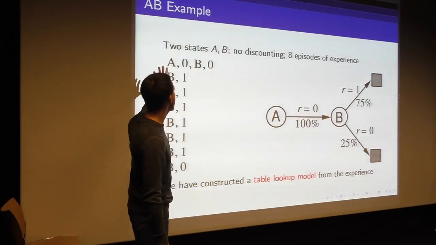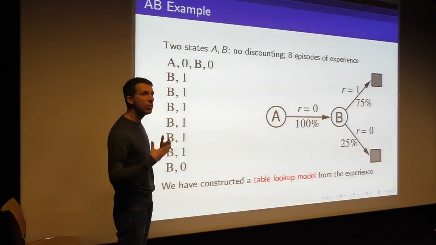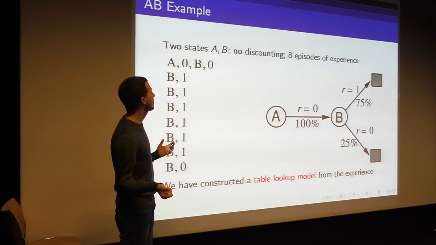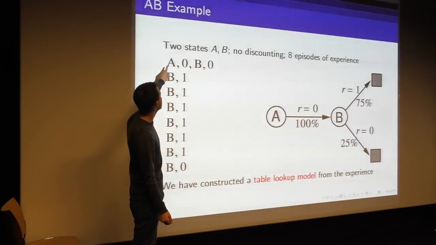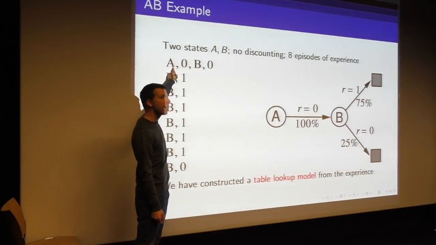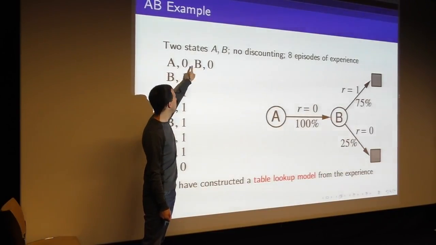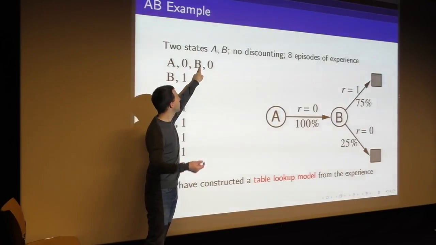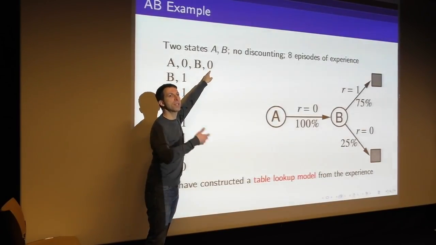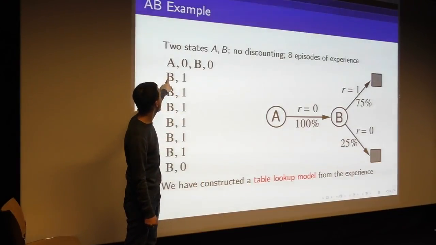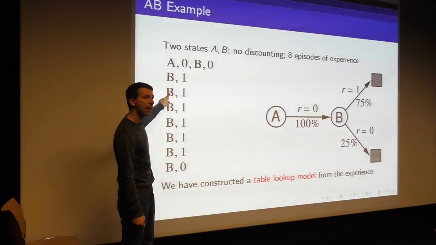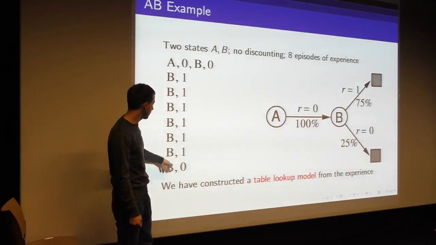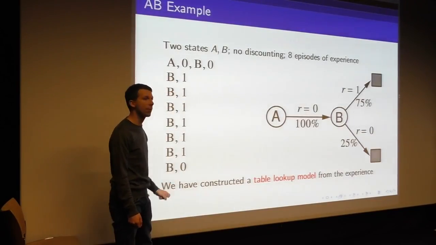Just to remind you, we've got two states with no discounting, and we see these episodes of experience from states A and B. On the first episode, I started in state A, got reward 0, then went to state B, got reward 0, and then the episode terminated. Second episode, I started in state B, saw a reward of 1. Next episode, started in B, reward 1, until finally started in B, got reward 0.